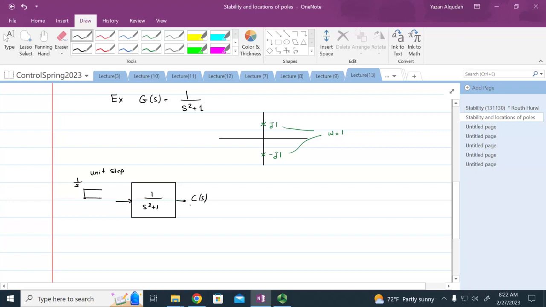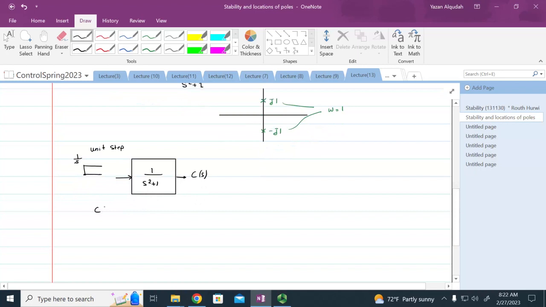What is the output C of s going to equal? Anybody? 1 over s times s squared plus 1. Thank you. Many people in the exam forget to multiply by 1 over s. That's why I emphasize it.